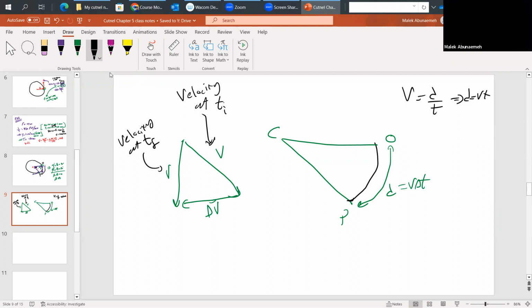So according to the laws of triangles, your delta V over V is going to equal your V delta T over this line, which is your radius R that we talked about.